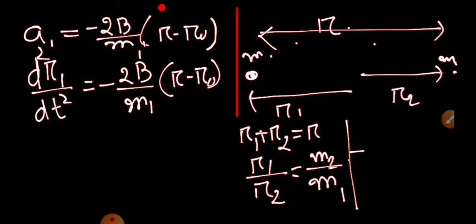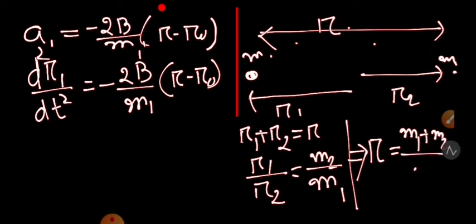From this we calculate that R is equal to (m1 plus m2) by m2 into r1.